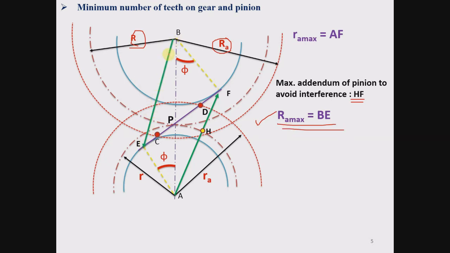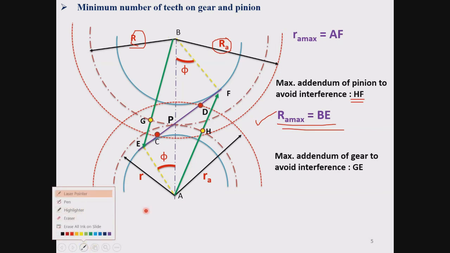Maximum value of addendum circle radius in order to avoid the interference is distance BE. So RA max equals BE.